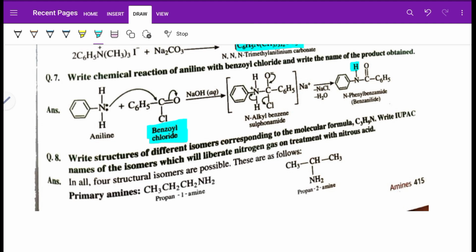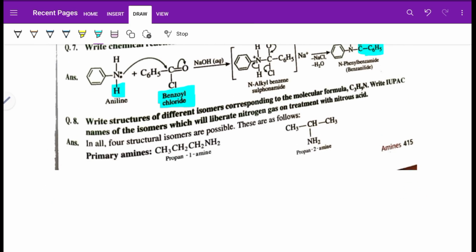I rectify it, it is benzoylation reaction, not Hinsberg reagent, right? So in benzoylation, what happens? 1 H is substituted by the benzoyl group, that is COC6H5. And write structures of different isomers of this.